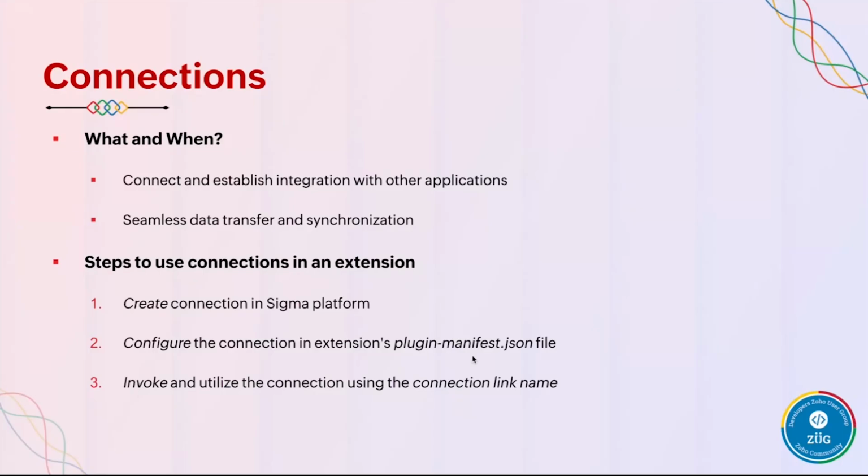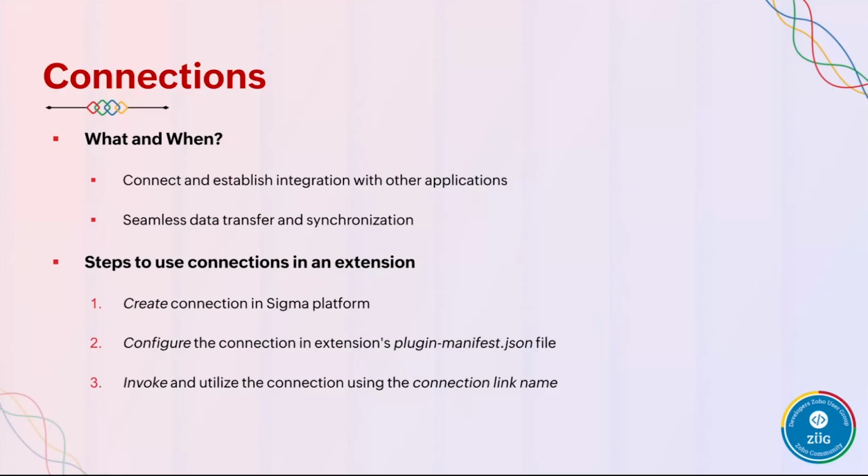The connections feature in the Sigma platform helps us achieve a secure link or secure integration between applications so that you can transfer data seamlessly and in a synchronized manner. So how can we use these connections as part of our extension?